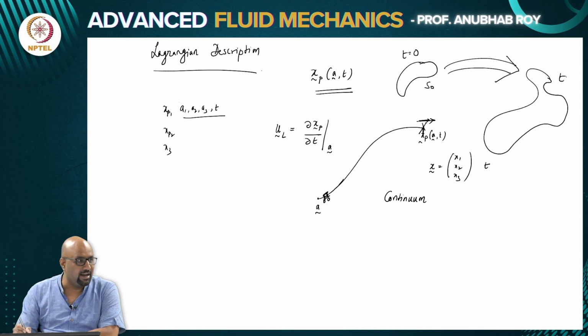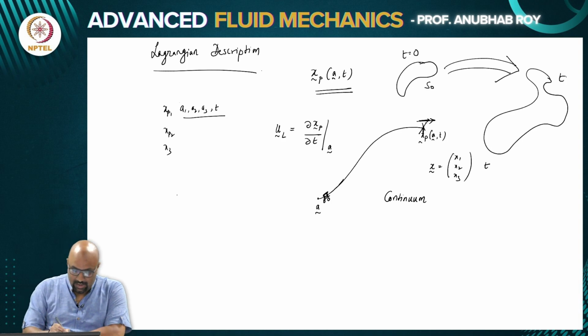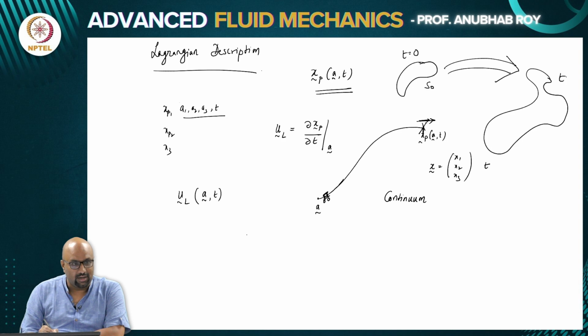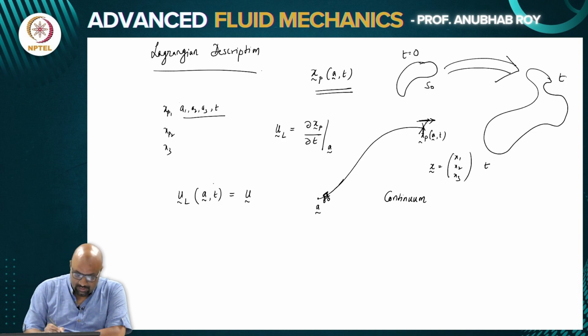Unless there is some calibration error or faulty equipment, they should be the same, which means the Lagrangian velocity, given that a particle started off at a particular initial location, should be equal to the velocity. Let me write this.